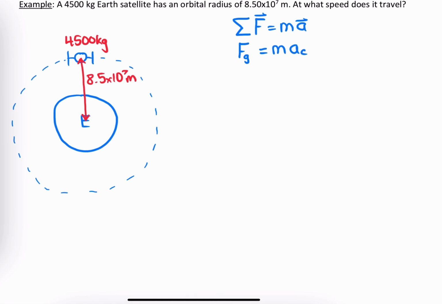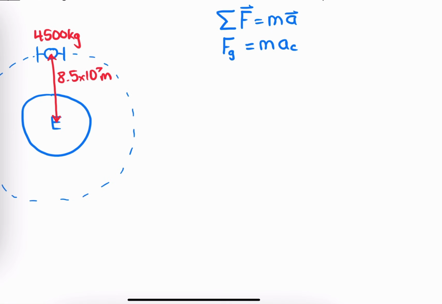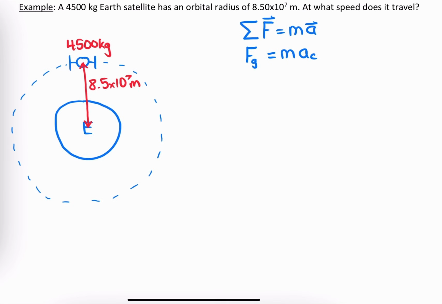Force of gravity can be calculated as m1, m2, big G over r squared. And I'm just going to write this all a little bit lower down because there's some notes I want to add in here later.